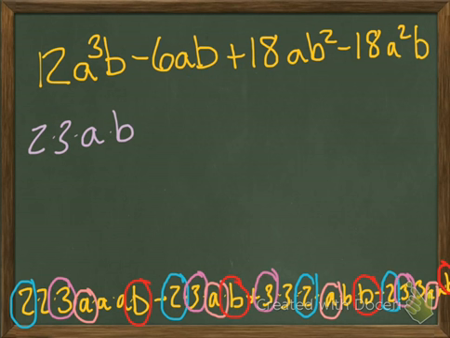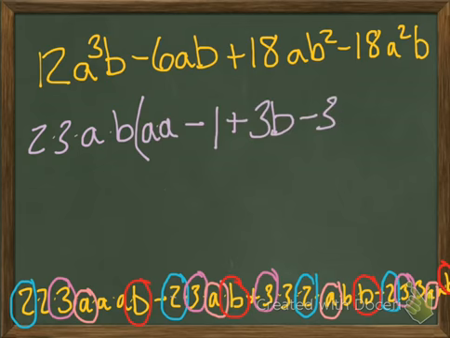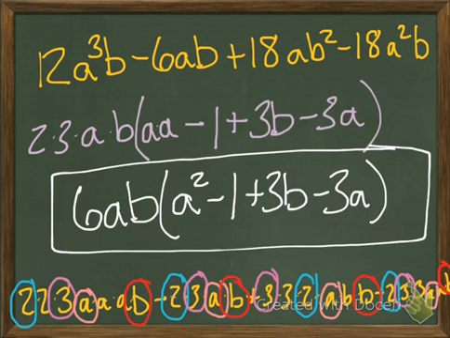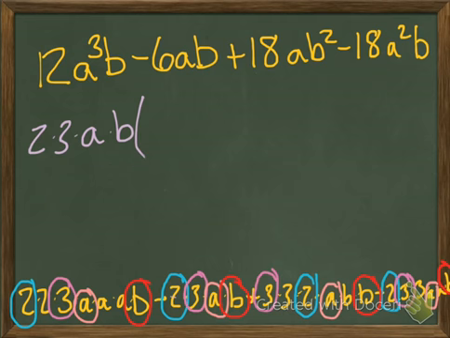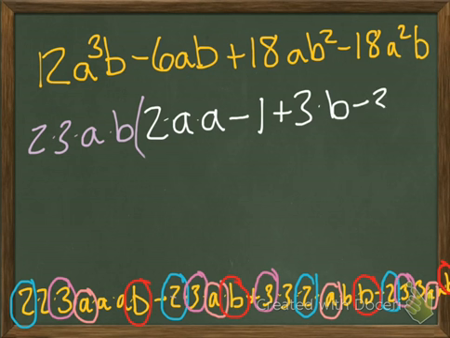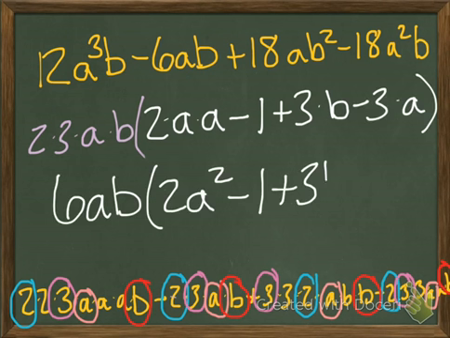As we take that out, it's coming out of every term, and we're left with what's inside of each term. We see that's 2 times a minus 1 plus 3b minus 3a.